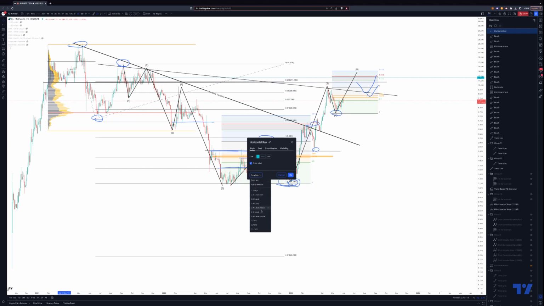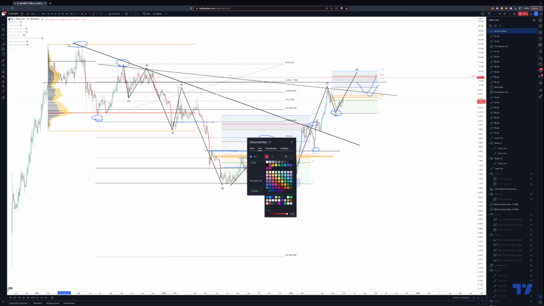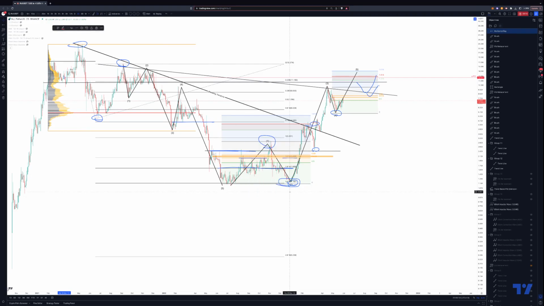Template, my POC, bugger. It's designed for a black background. So that's one important level, and the other is somewhere around there.